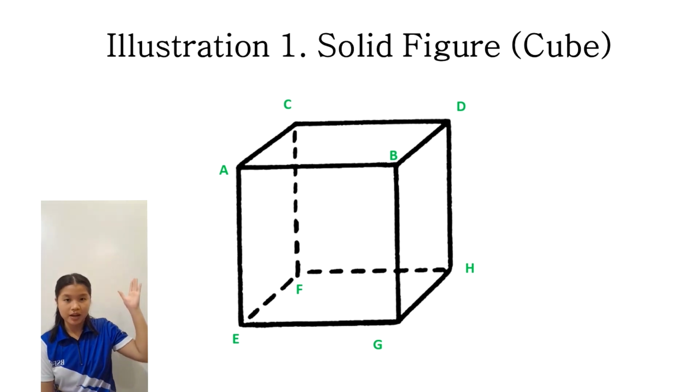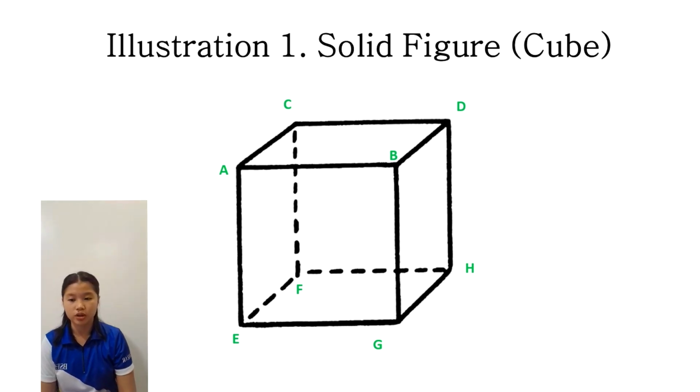The V there is 8: vertex A, vertex B, vertex C, D, E, F, G, and H. The edges are A to E, A to C, C to D, D to B, A to B, and those other sides.